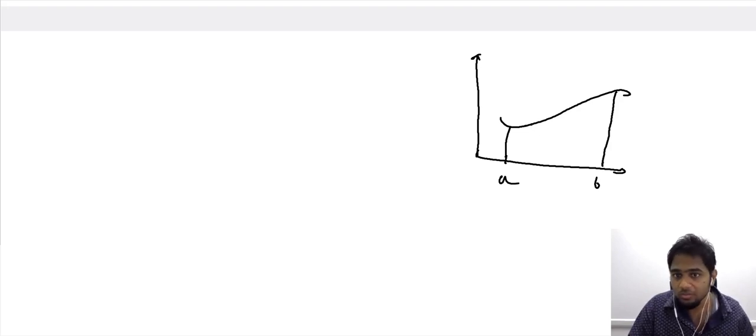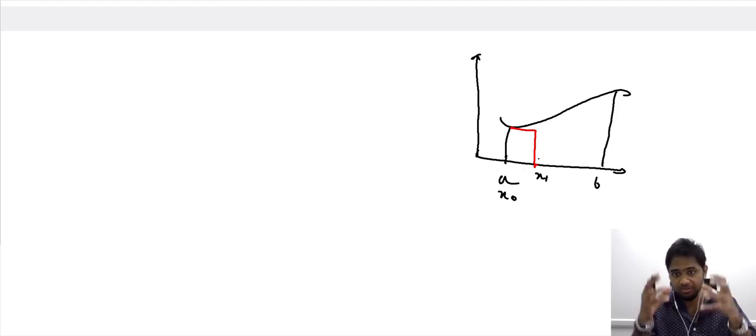The reason why the trapezoid comes into the picture is because of what happens when you discretize this area into rectangles. For the sake of discussion, let us consider a rectangle of this sort. This is your x1 point and this is your x0. If you consider the first rectangle, this would be the approximation we have considered for the Riemann sum, or the midpoint scheme of the Riemann sum.